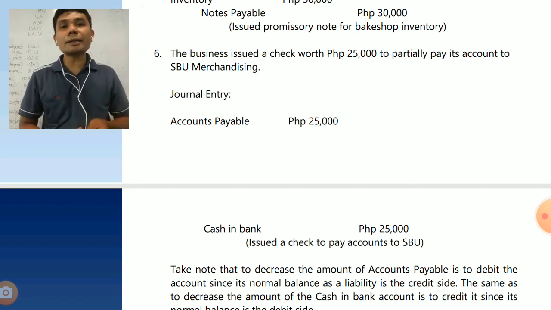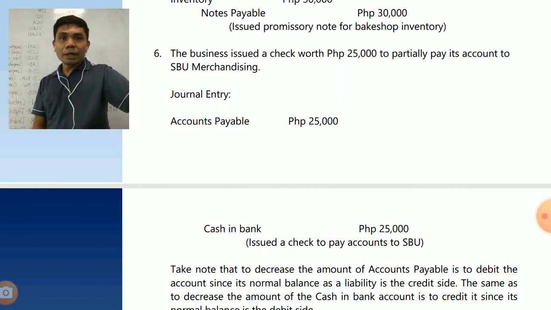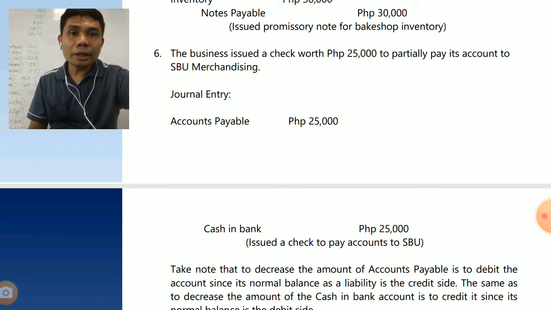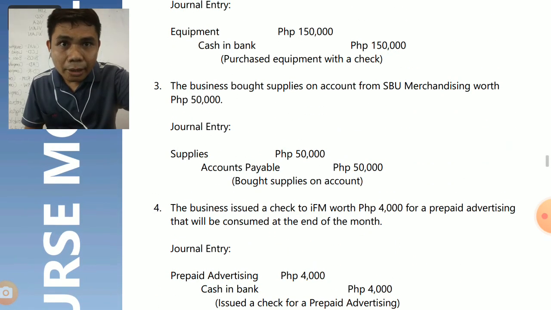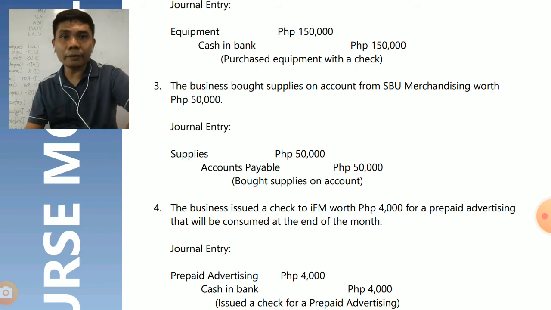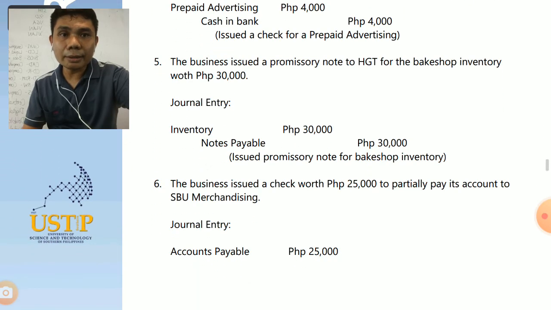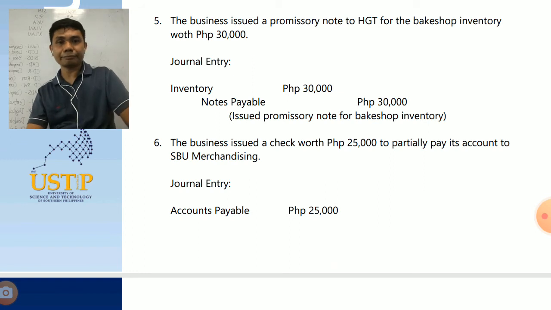This kind of transaction is a continuation of a transaction we already passed. Remember that you owe SBU. In transaction number 3, you owed SBU 50,000 worth of supplies. In this transaction 6, you partially paid it by issuing a check.